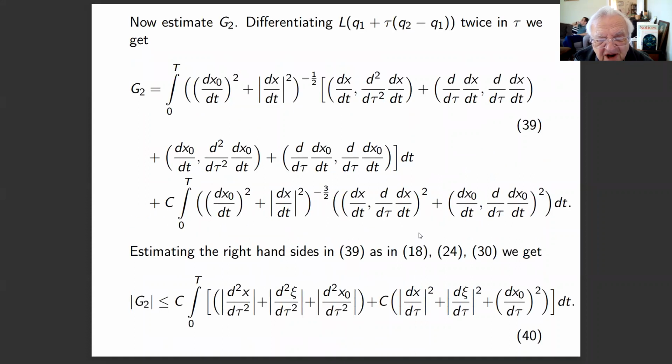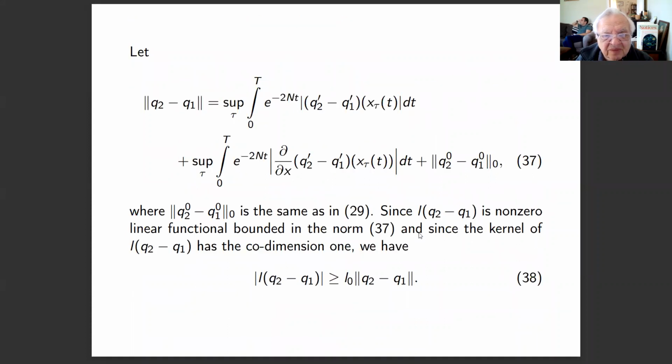Now, for the linear functional we have estimate 38: L(q2 minus q1) is less than or equal to a constant L0 times the norm of q2 minus q1. The norm of q2 minus q1 is written by formula 37.